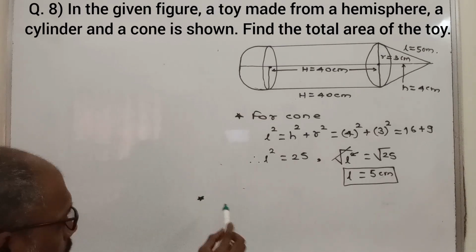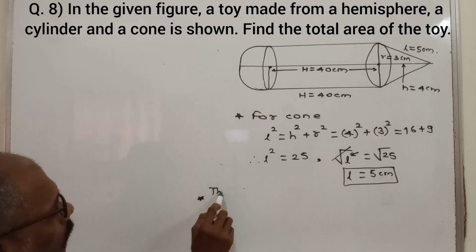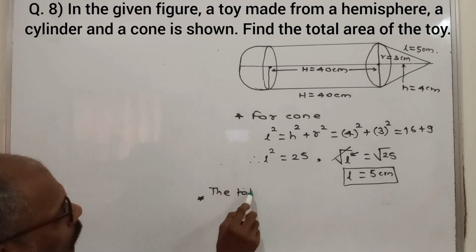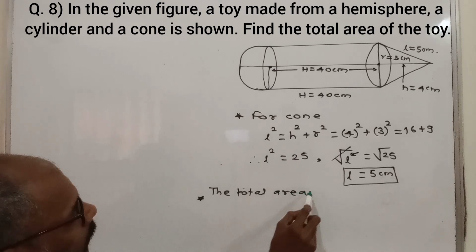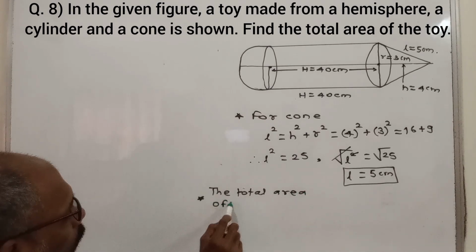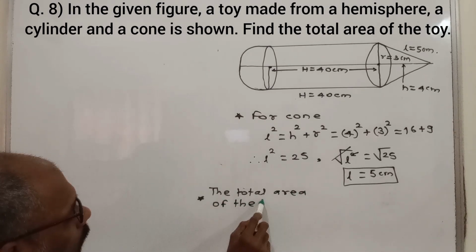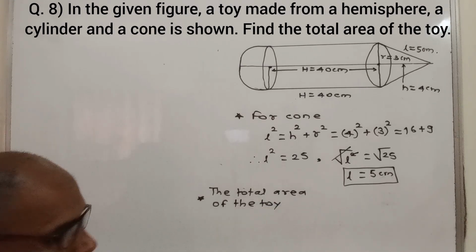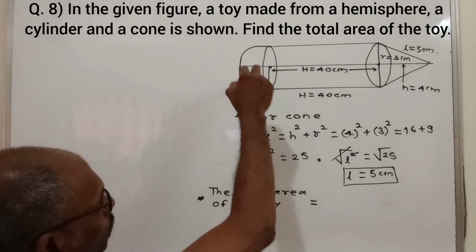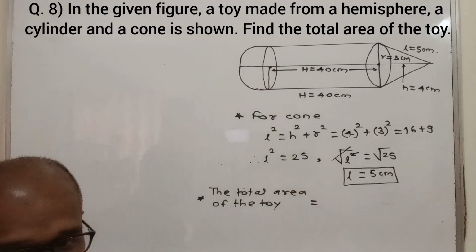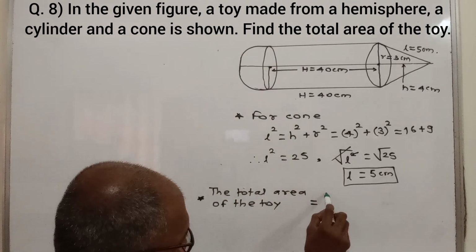Okay. Now we will find the total area. Therefore the total area of the toy is equal to, see this, curved surface area of hemisphere.